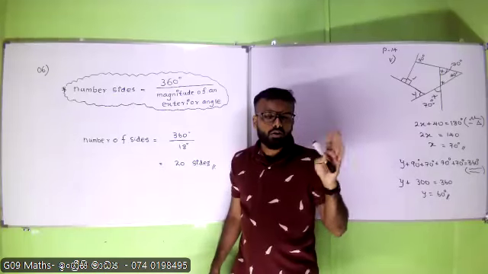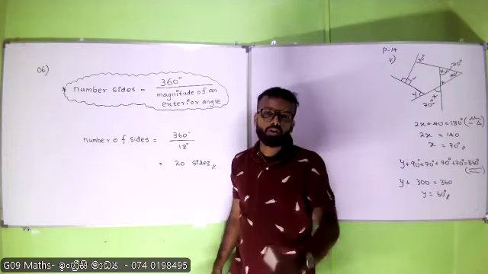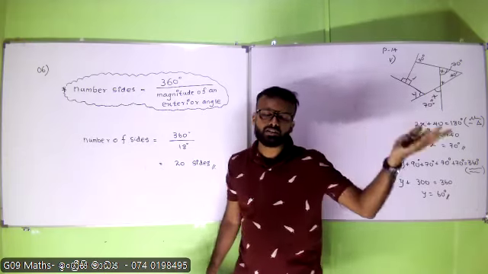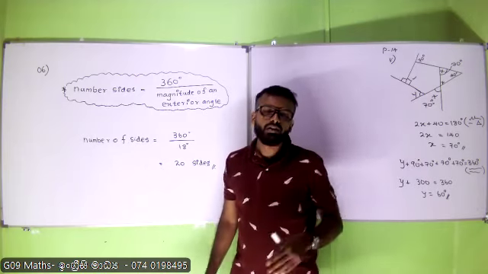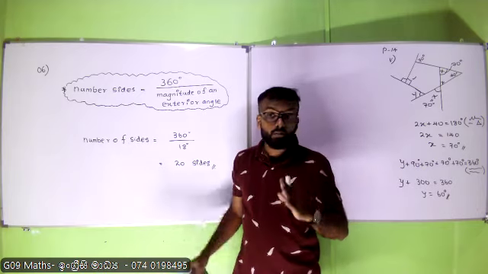Very basically, all sides are equal together, and all angles are equal together, all interior angles, exterior angles separately. So those are the things that you need to remember for a regular polygon.